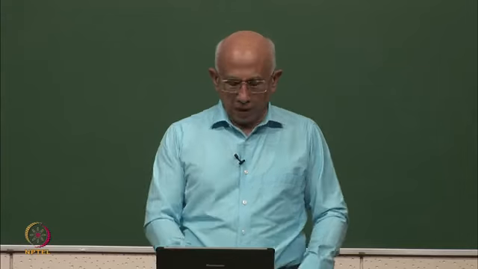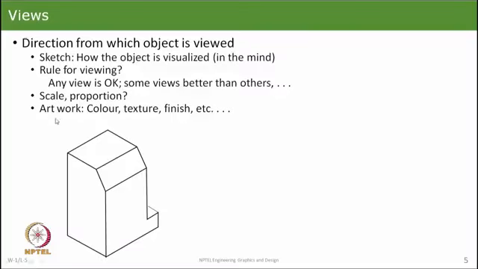And finally, in engineering drawings, we do not show artwork, color, texture or finish. There might be notes added to it, but the drawing is always in black and white. In CAD drawings, we could have some more colors, but by and large, all drawings, irrespective of the type of drawing, are always black and white.